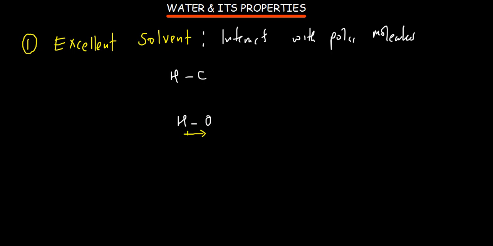But the bond between hydrogen and carbon is a non-polar bond. Why? Because both carbon and hydrogen have got weak electronegativity. So carbon, even if it is a bit stronger than hydrogen, doesn't have much capacity to pull electrons away from the hydrogen.